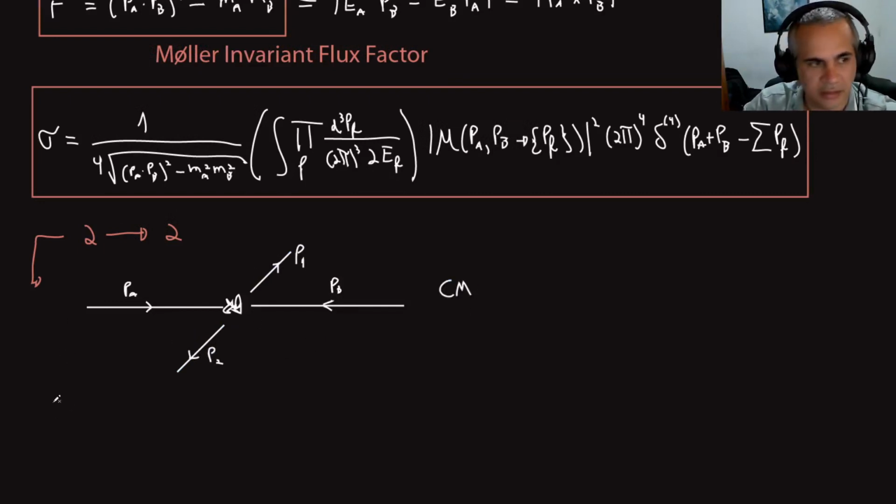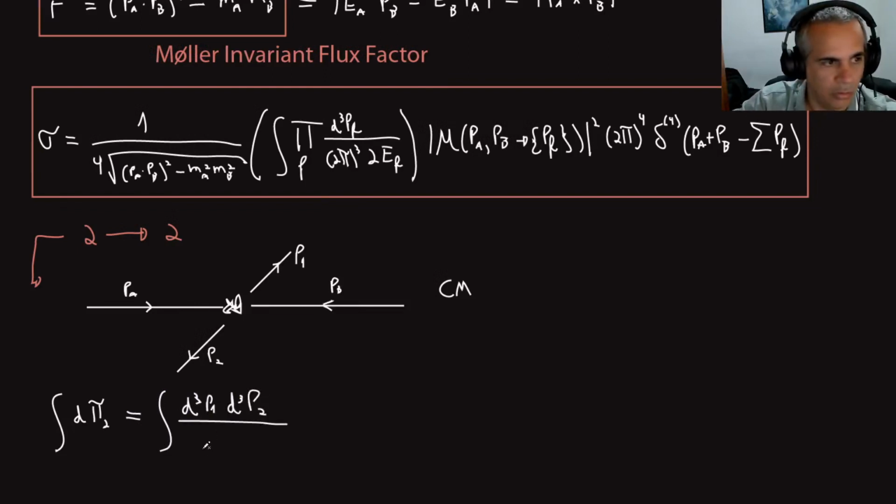So the invariant phase space is the space of 2 bodies, on the final state. It will be the integral of d3p1 d3p2 over (2 pi)^6, times 1 over 4 E1 E2, because I have 2 factors of 2 here.